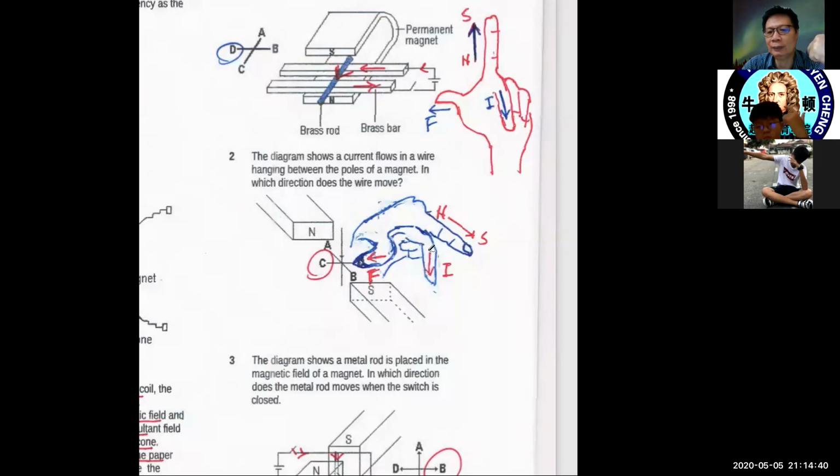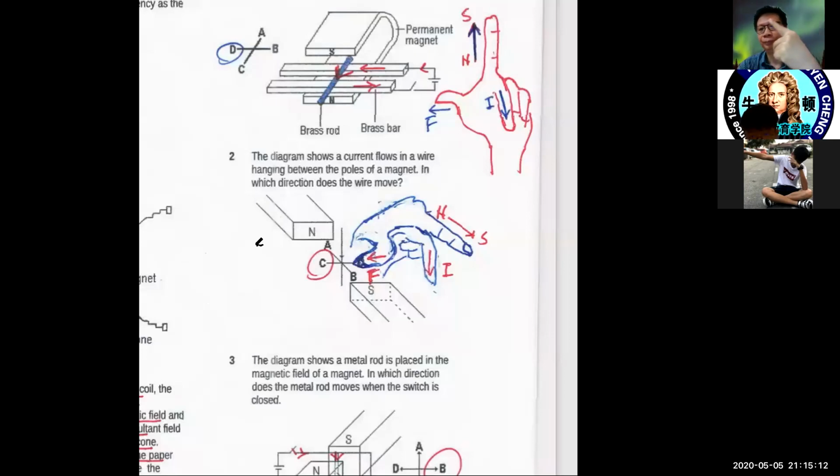You must turn so that this second finger is the current. The current goes down. So this finger goes down. When you do your three fingers in such a way, with this finger facing your own face and this finger pointing down for current, then your thumb points to the direction of C. Can you do that?